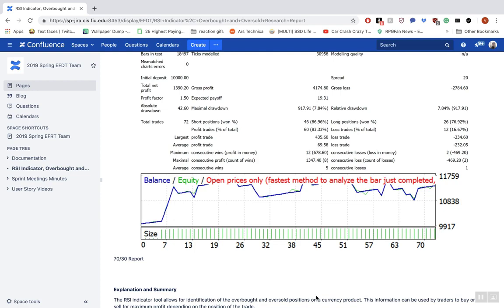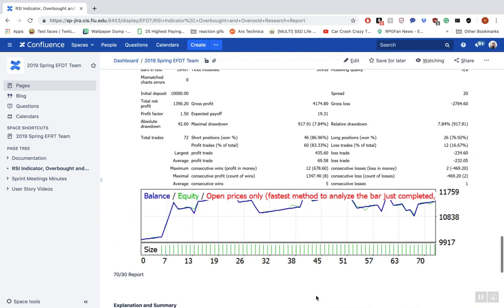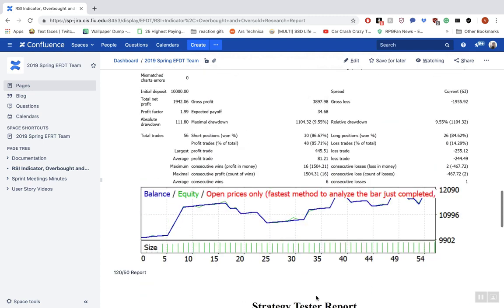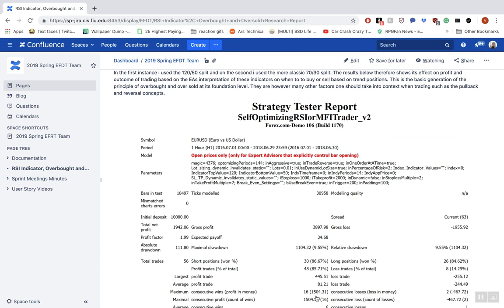And based on our research, we can tell that it is beneficial to optimize forward and historical periods on different levels of settings depending on your chosen currency to pick the best optimized period.